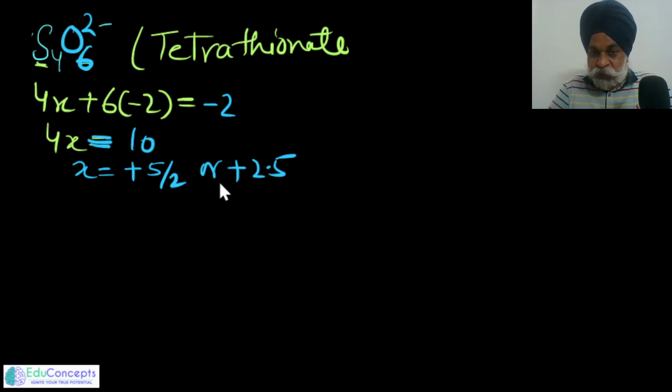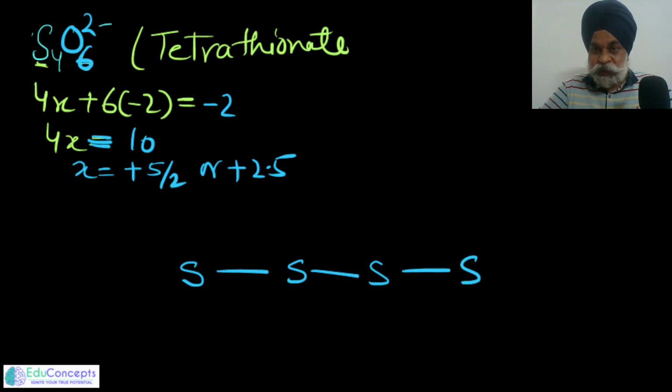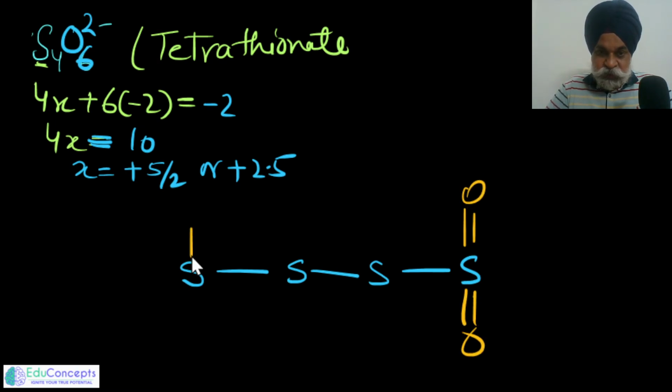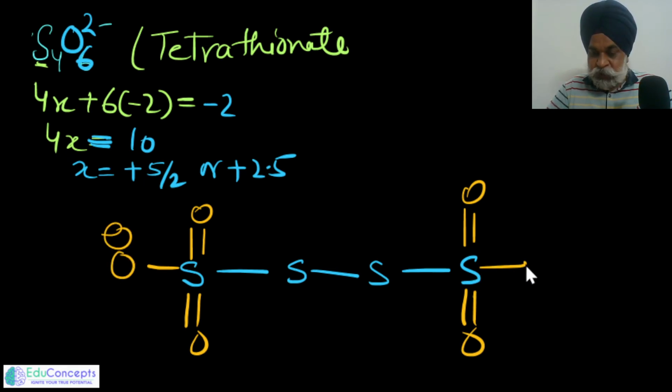Now how could we see what it looks like? This comes with practice, for which you need strength in the chemical bonding chapter. This is oxygen here. You have to place the oxygen atoms. Both sides are almost identical. From here it is 0, and they are attached to the sulfur.